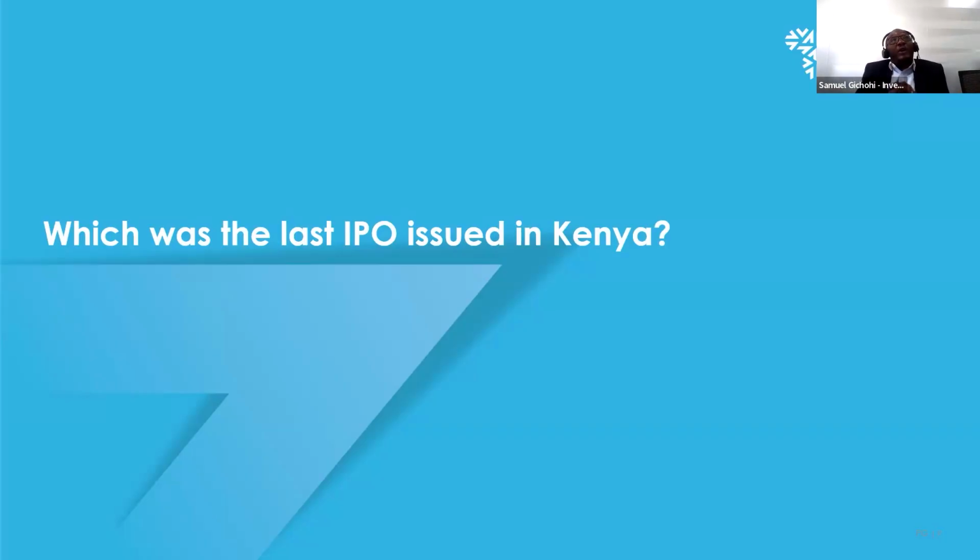And for those of you who can remember, during the Safaricom IPO, you needed to visit a stockbroker. Most of it was paper. It was the first time online account opening was done. However, people didn't have smartphones and access to a system, so we actually had to hire a room full of computers and then hire a lot of young people, probably university students, who would come and help you in opening the account.